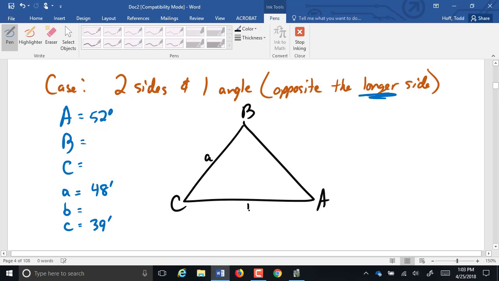Yes. So the angle is opposite the longer of the two sides we're given.